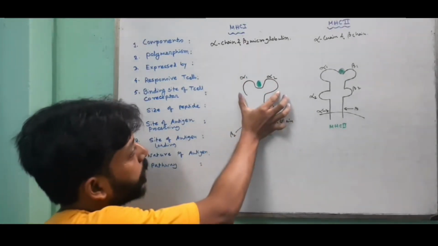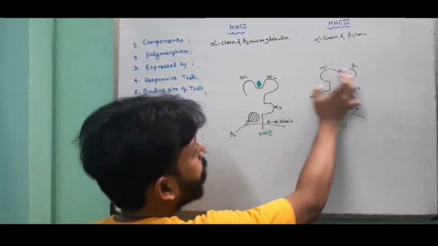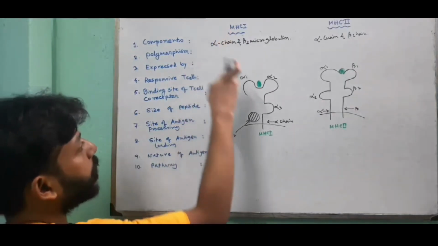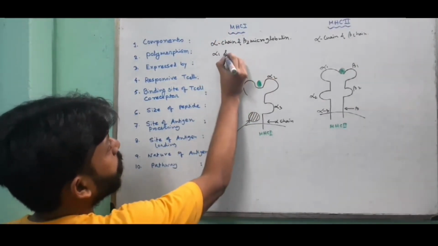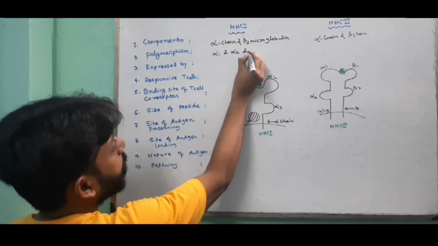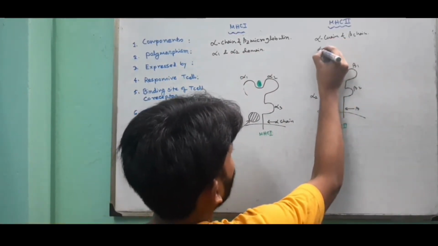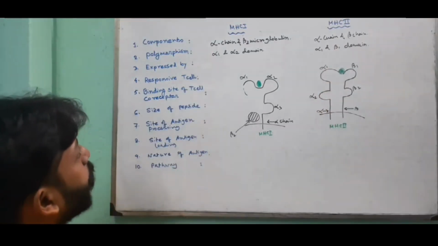The antigen presenting sites like the alpha 1, alpha 2 domain and the alpha 1, beta 1 domain are actually polymorphic. So in case of MHC 1, the alpha 1 and the alpha 2 domain show polymorphism, and in case of MHC 2 molecule, alpha 1 and the beta 1 domain.